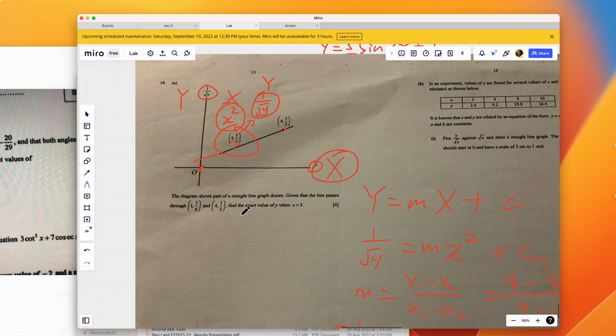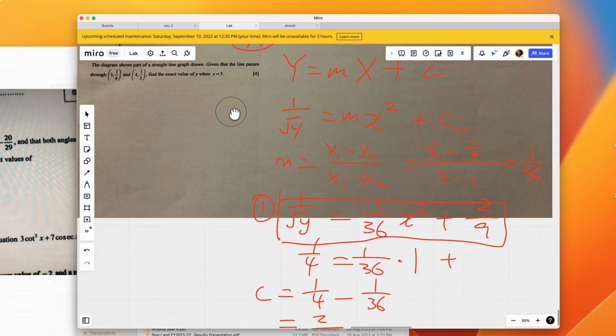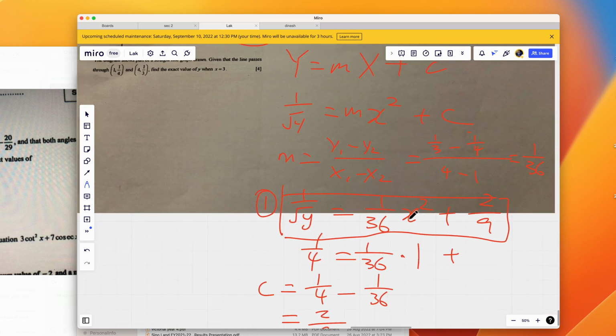And if I ask you to find the exact value of y when x equals 3, so x equals 3, so this will be 3. So just solve it accordingly. Can you help me out with the right hand side? 17 over 36.